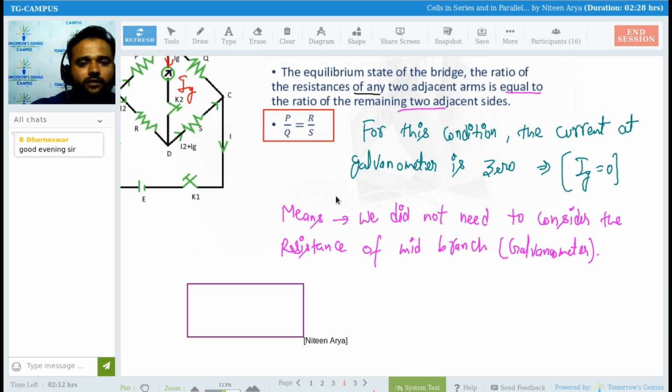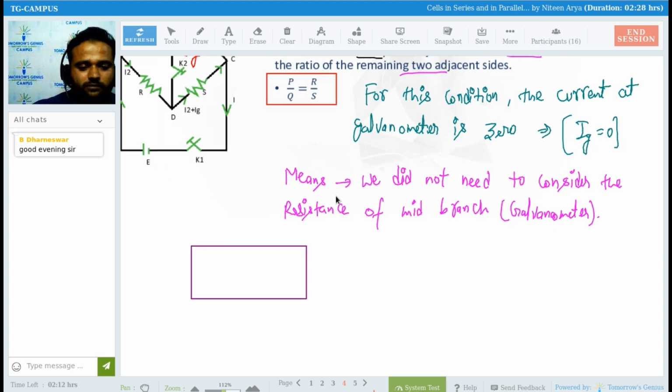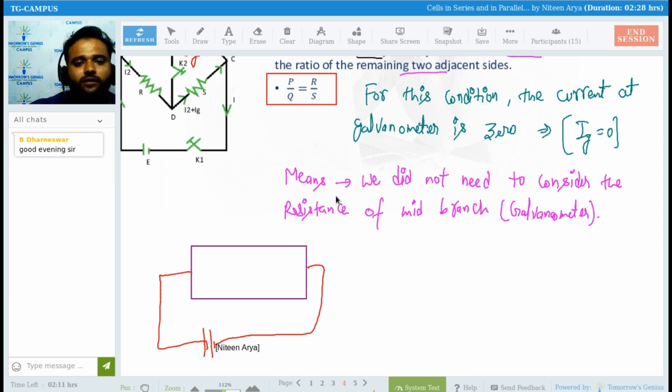Suppose this is your circuit, because the main thing we need to find here is the net resistance. Suppose this is one resistance, this is another, and another.